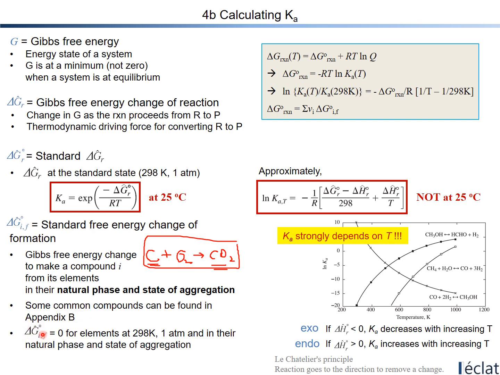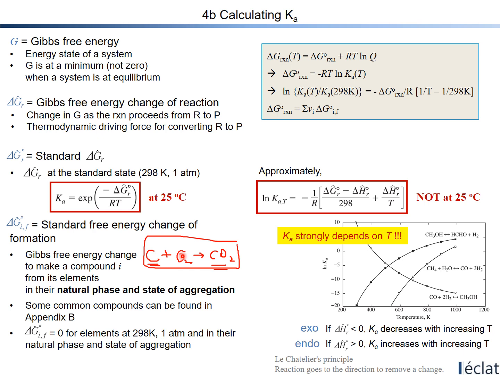This formation energy is 0 for elements at 298 K, I mean room temperature, 1 atmospheric pressure, and in their natural phase and state of aggregation. So at 25 Celsius degree and 1 atm, the formation energy of carbon is 0 because this is their natural phase and aggregation for an element.